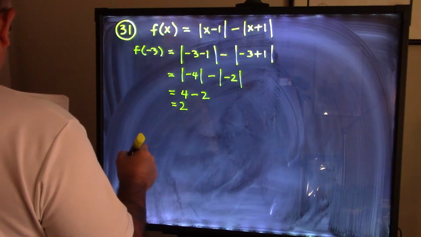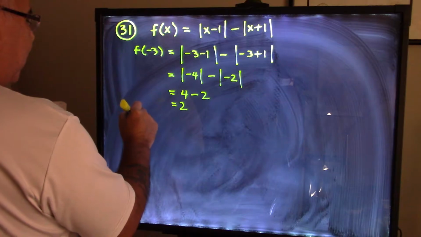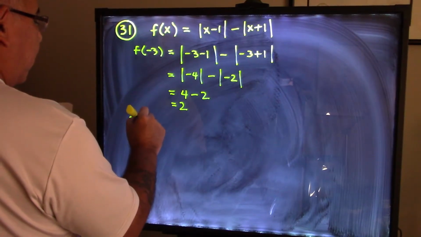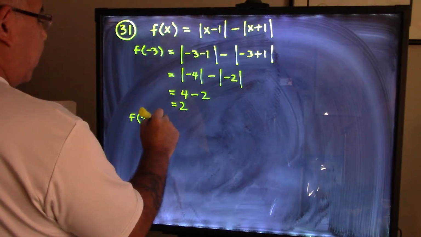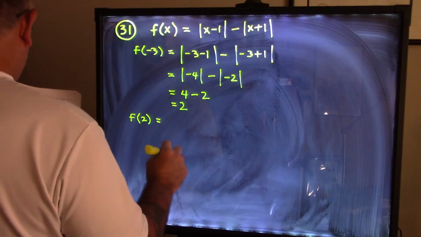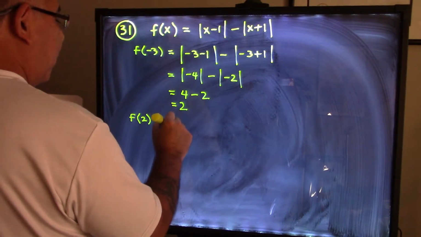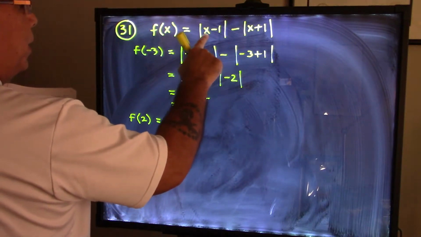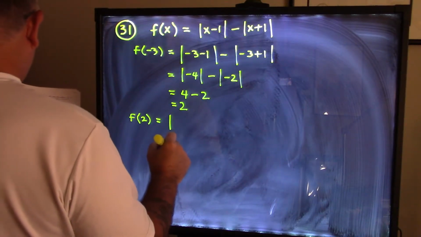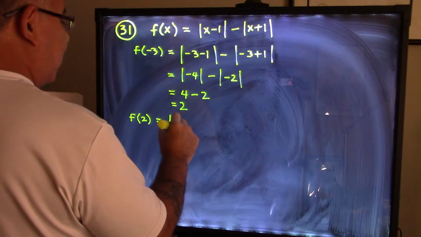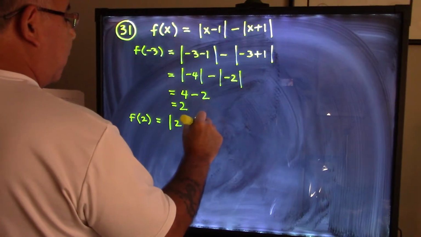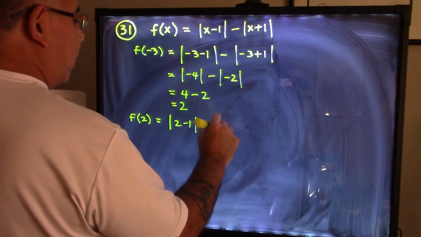I've got room for another one here. F of 2. Absolute value of, put a 2 in here and there. So you've got absolute value of 2 minus 1 minus absolute value of 2 plus 1.